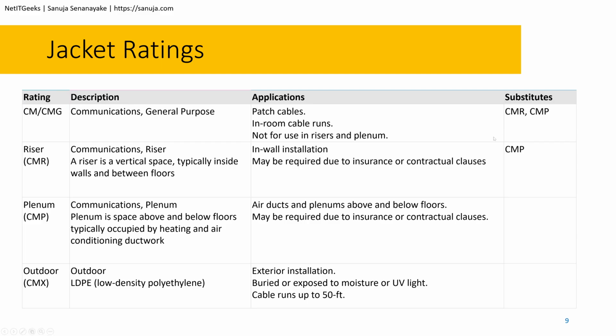Also, another thing: if I have a choice of putting a cable right next to or inside a heating duct versus a cooling duct or an air duct, I will always pick the air duct or cooling duct over the heating duct, even though CMP cables may be rated to go inside the heating ducts, just to keep it cool.